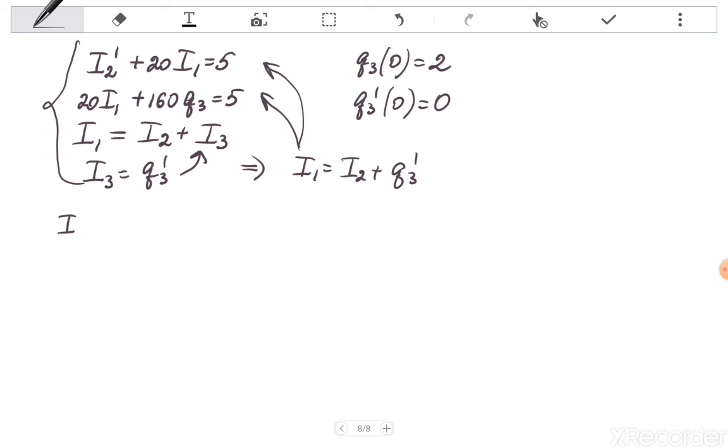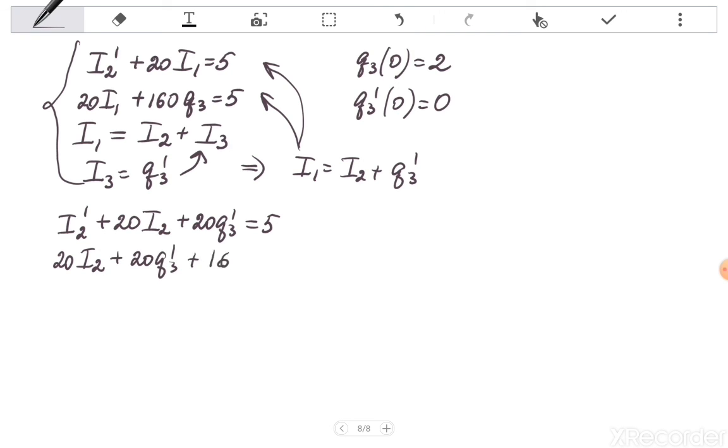We get I2 prime plus 20 I2 plus 20 Q3 prime is 5. And the second equation: 20 I2 plus 20 Q3 prime plus 160 Q3 is 5. So now we have just two unknown functions.